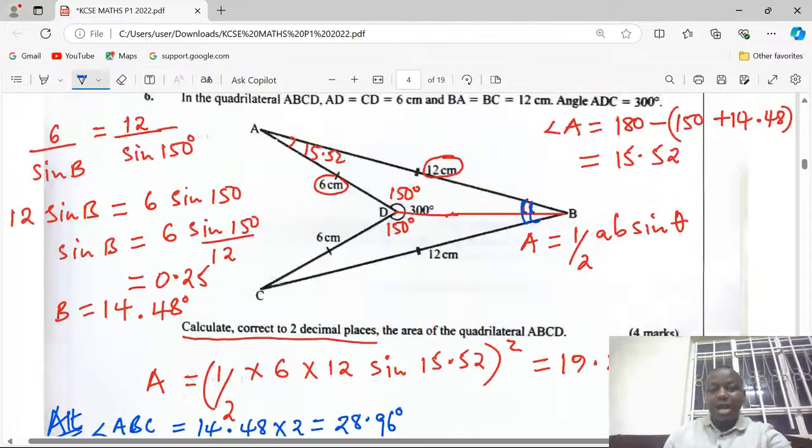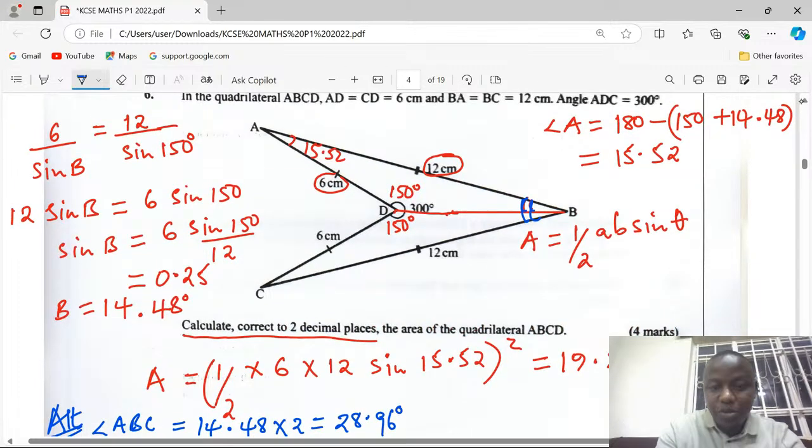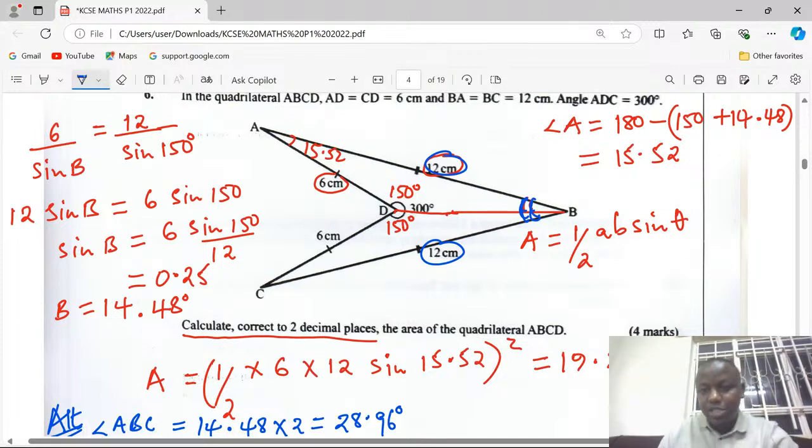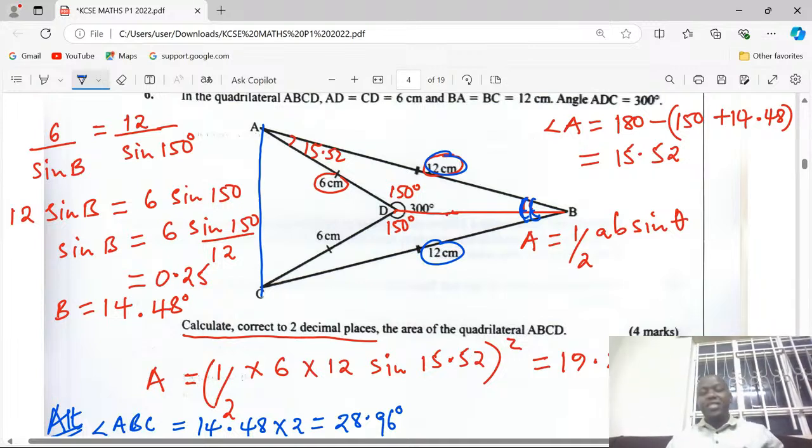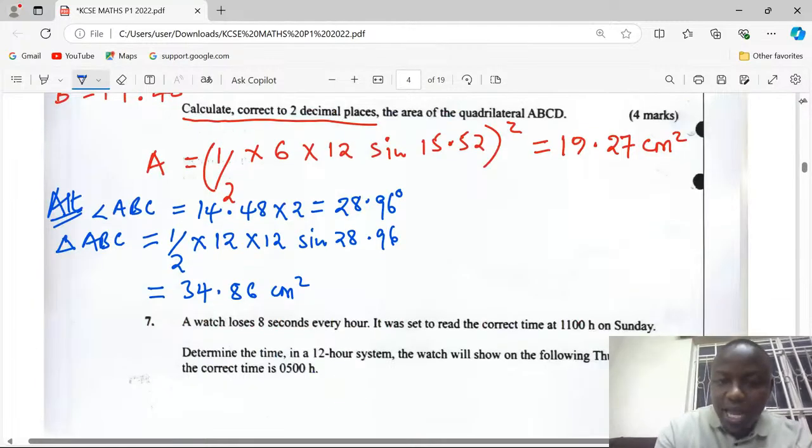Now remember this is an alternative working. With this area, because we are using 12 and 12, there is the angle at this point. We have gotten triangle ABC, which means we have to extract triangle ADC now. We subtract triangle ADC.